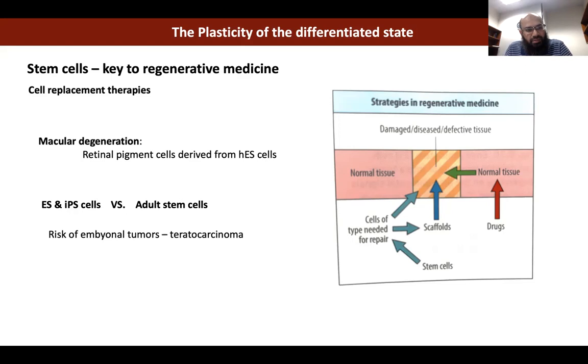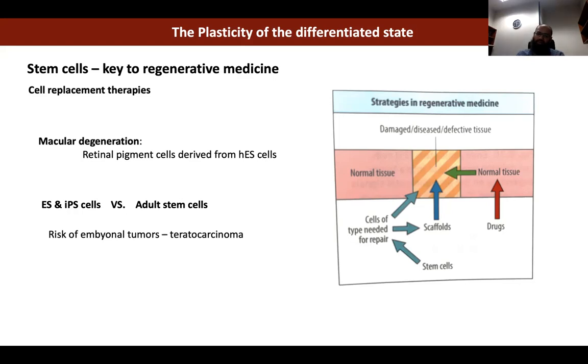The other problem with embryonic stem cells is that they are pluripotent. Pluripotent stem cells have the capability to differentiate into many cell types, which on one hand is a good property, but on the other hand it can also lead to tumors called teratomas, which can be both benign and malignant.